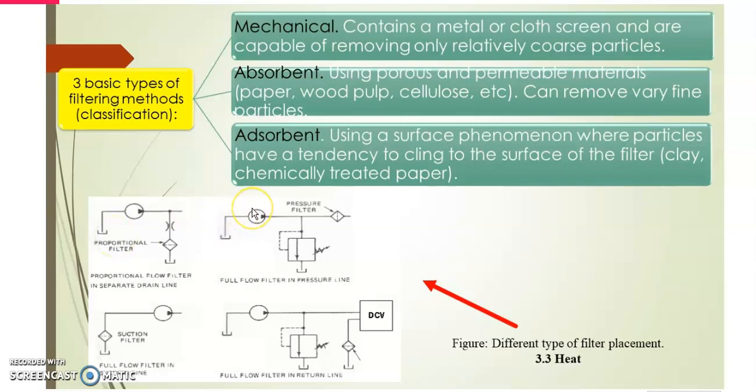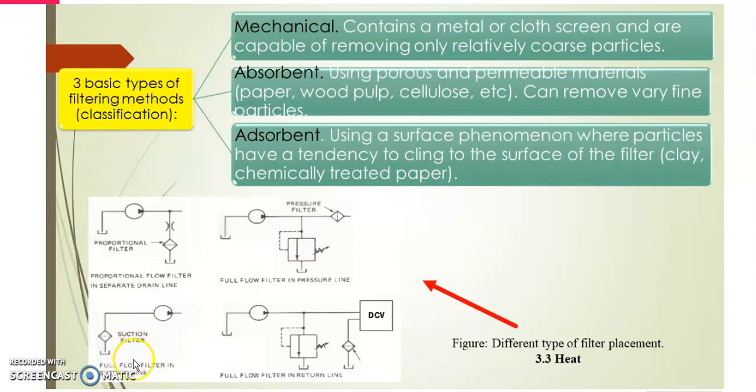For the full flow filters in the pressure line, this type of filter placement is normally used in systems where the high pressure components such as valves are more dirt sensitive than the pump. The pressure line filters are specially designed to sustain the system operating pressure.